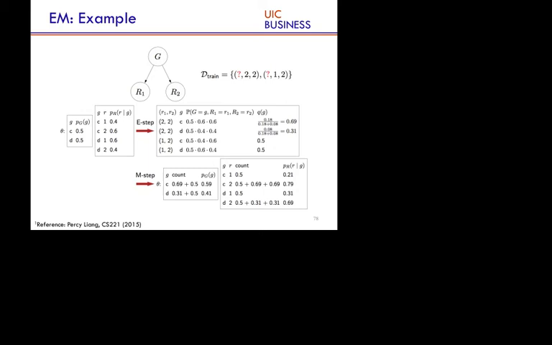Will the optimal solution depend upon the initial value of theta we take? Yes. If we take something which is not reasonable, we will not get a good solution. It's the same issue with k-means.